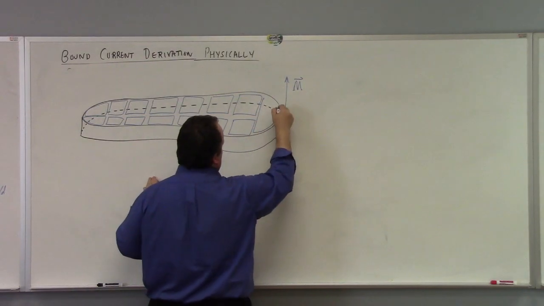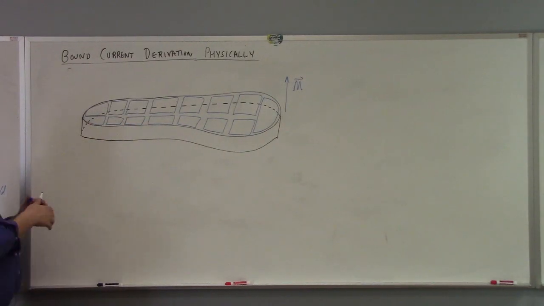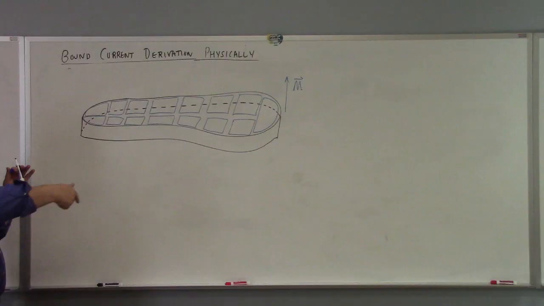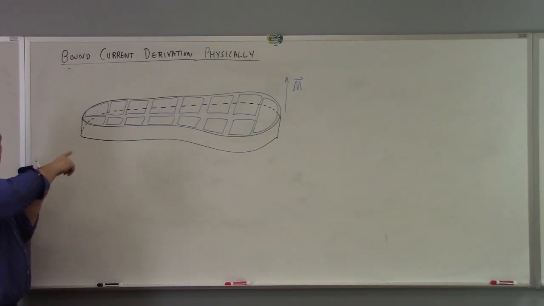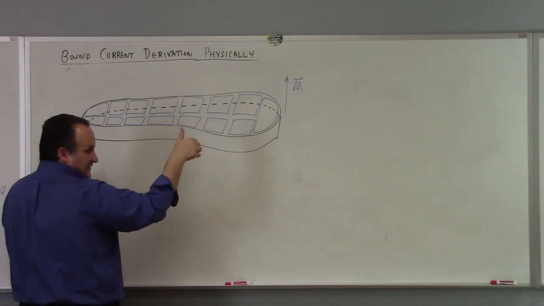Anyway, the point is I'm just trying to illustrate the orbit of the electron around the nucleus. And so if the magnetization is like that, they've got this kind of current loop.